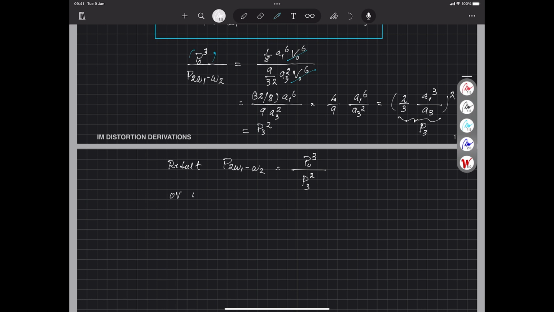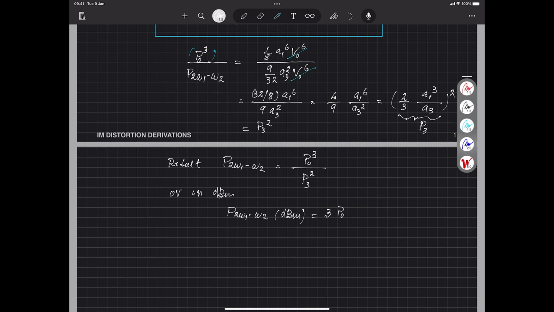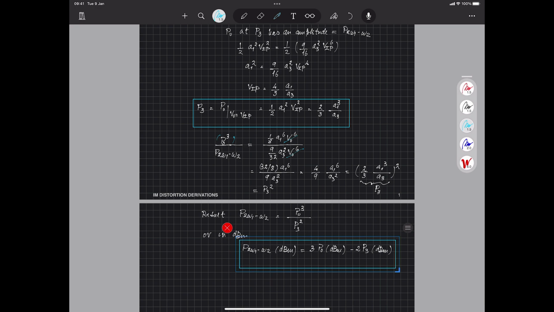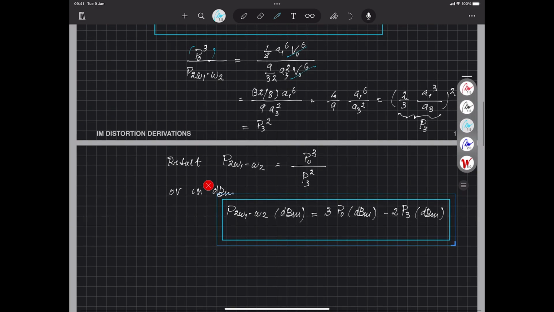Or in dBm, we have that P omega 1 minus omega 2 in dBm equals 3 P0 in dBm minus 2 P3 in dBm, which is the expression we were looking for. Okay.